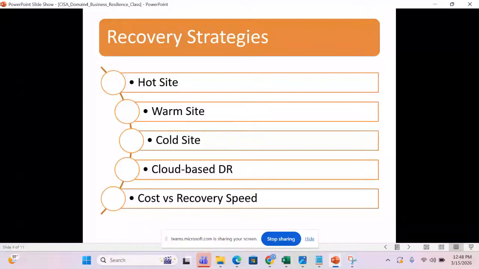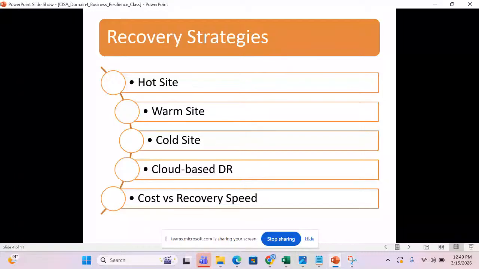So when we speak to the different sites in business resilience, remember I said that your RPO and your RTO are what is going to determine what type of backup procedure you are actually going to put in place for your business.